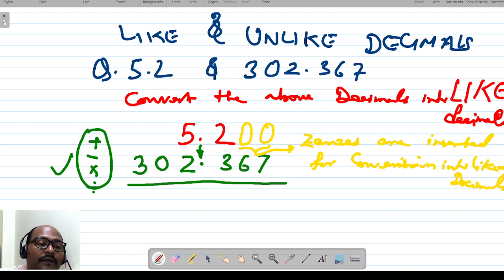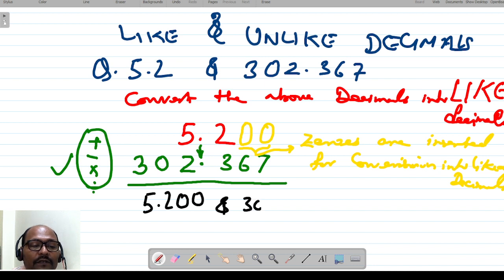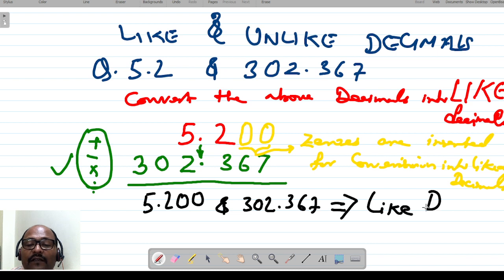And in this way, we can say that both the above numbers, 5.200 and 302.367, are like decimals. They are converted to like decimals. We did the operation on one of the decimal numbers, and now both of these numbers are converted into like decimals.